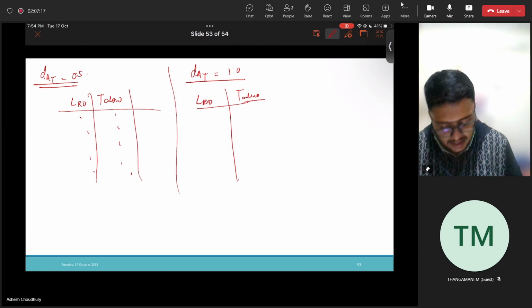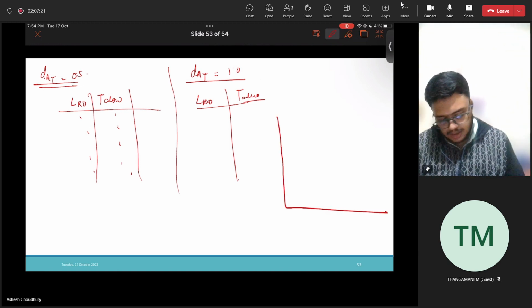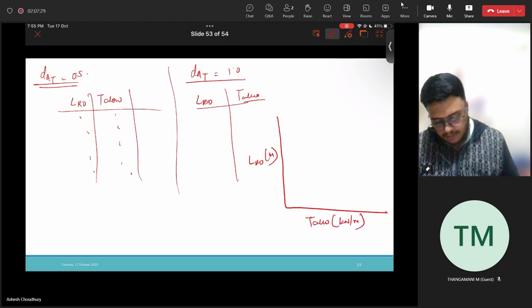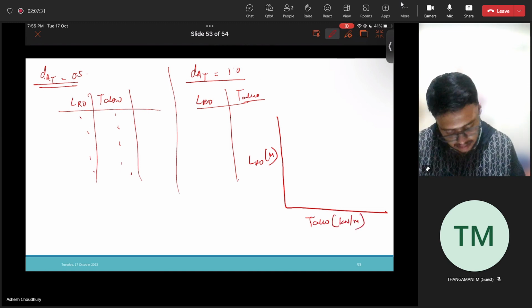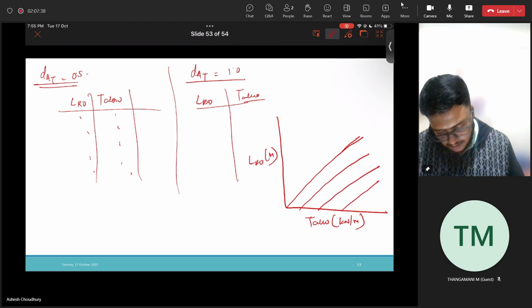After that, finally, we can make a chart. Here we can have LR naught in meter, and here T allow in kilonewton per meter. We will see that we are getting some graph like this, like this, like this. This is for DAT equal to 0.